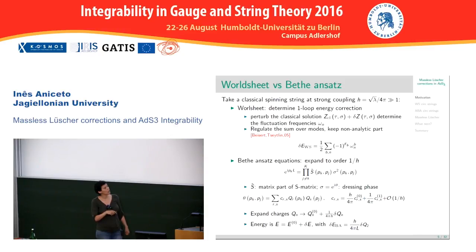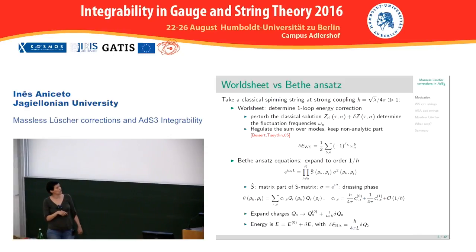What you want to calculate is the correction to the energy, and the energy is basically Q2. What is the correction to the energy coming from exactly this perturbation in the dressing phase? If you expand the dressing phase and you expand the charges, you can calculate exactly the correction to this energy. And this is going to correspond to the non-analytic part of this one loop energy correction.